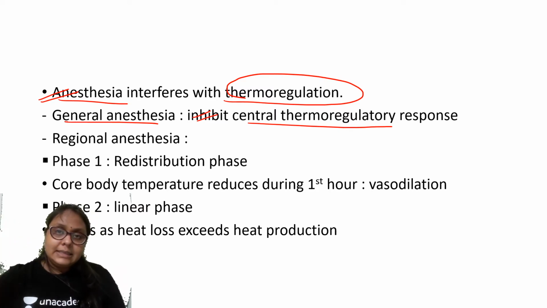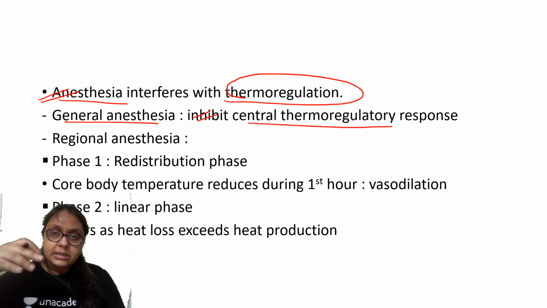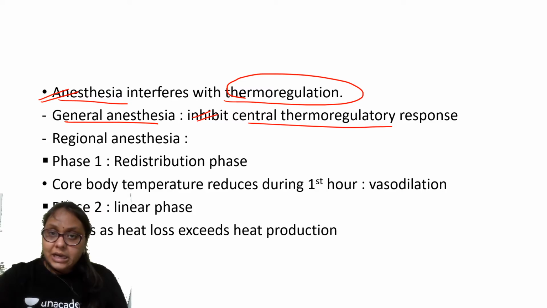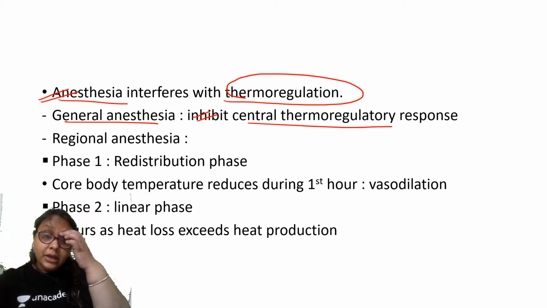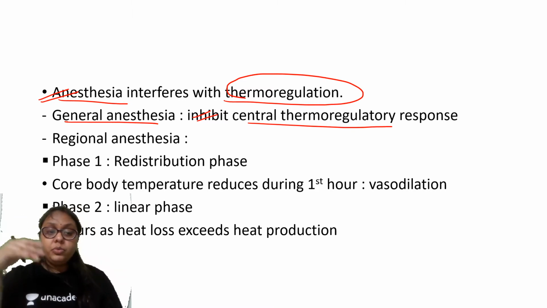In regional anesthesia, there is loss of heat because of redistribution. Whenever we give regional anesthesia, there will be vasodilation, and therefore heat goes from the core body towards the periphery.